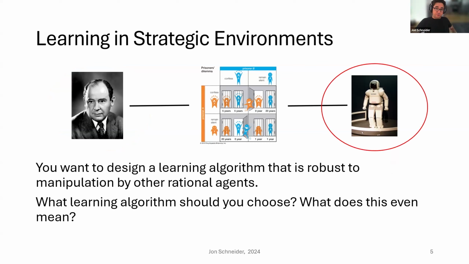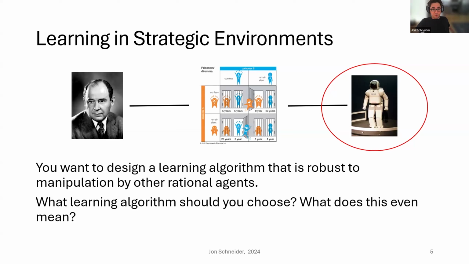And there's also the flip side of this question. You want to design a learning algorithm that's robust to manipulation by other rational agents. Why do you want to do this? For a bunch of reasons. For one, it's hard to compute Nash equilibrium in games, as we're all familiar with. For others, you might not completely understand the game. You might not understand your opponent's payoffs. You might not understand your own payoffs.